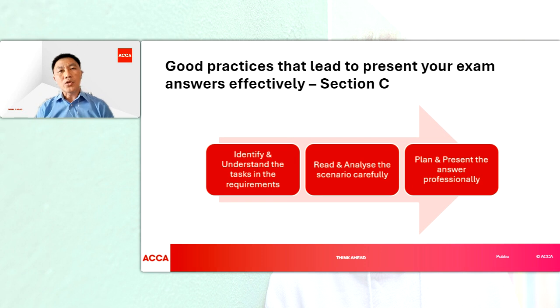So what do I mean by approaching the questions effectively in the first place? Now, if you take a look at these three red boxes with the arrow signs, starting from the left, I think the very first thing to ensure an effective way to approach exam questions is to understand what the tasks given by the examining team are.